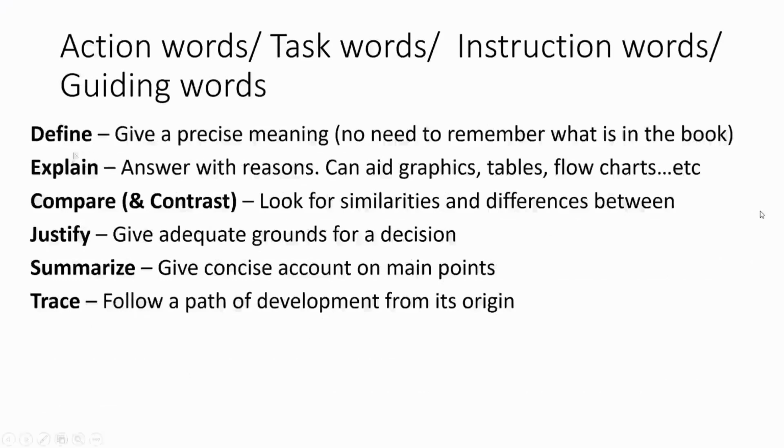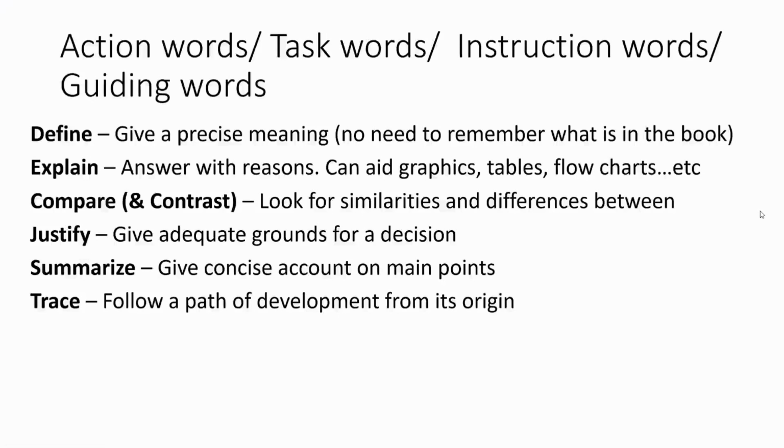Some other things: define, give your precise meaning. No need to remember what is in the book, but you have to understand the principle behind it and give the definition. It doesn't have to be the exact book definition. Explain, you answer with reasons. Compare and contrast comes at a slightly higher level in cognitive learning. Look for the similarities and differences. And justify is something that comes at the evaluation level.